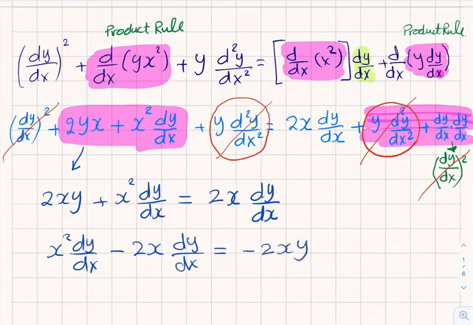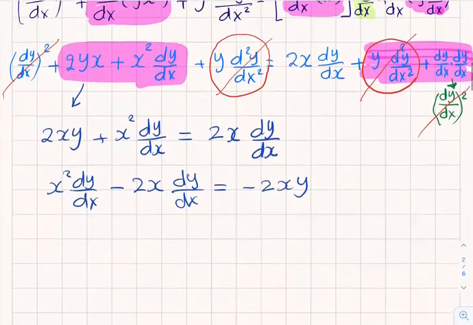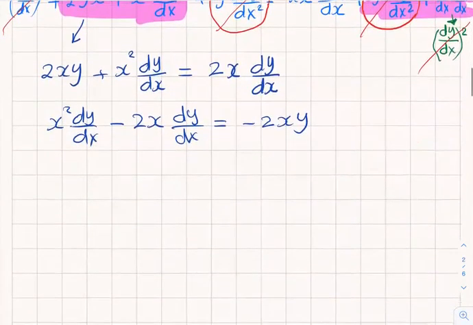I moved the 2xy to the other side and brought 2x dy/dx to the other side. Right, now I can take dy/dx as a common factor here.